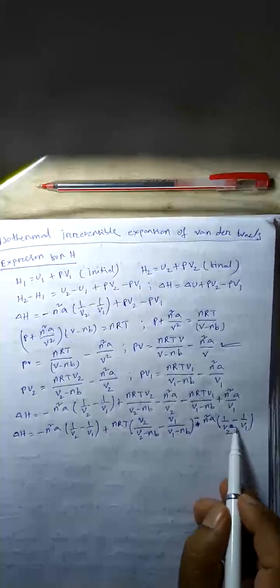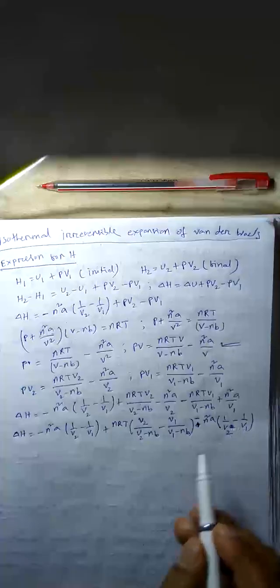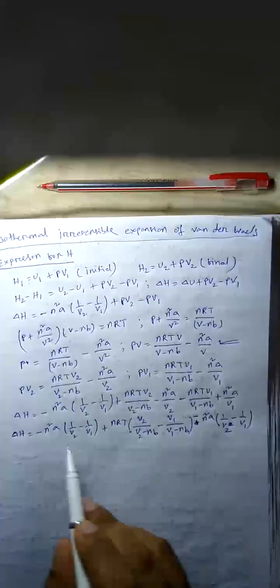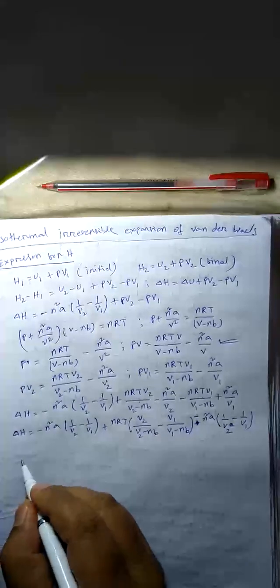Take this one, n squared a times 1 by V2 minus 1 by V1, minus n squared a times 1 by V2 minus 1 by V1. Combined, we get minus 2 n squared a.